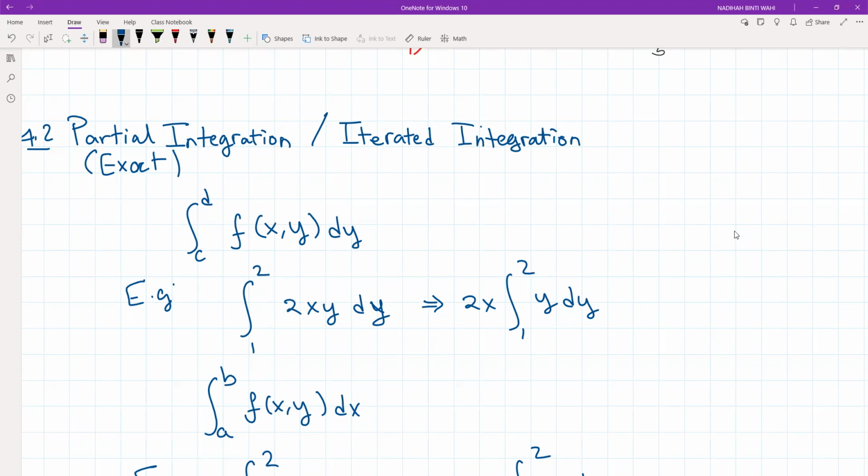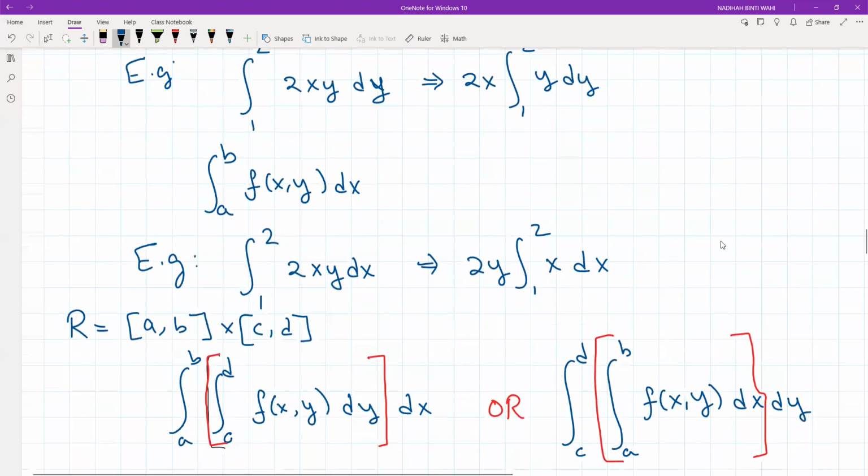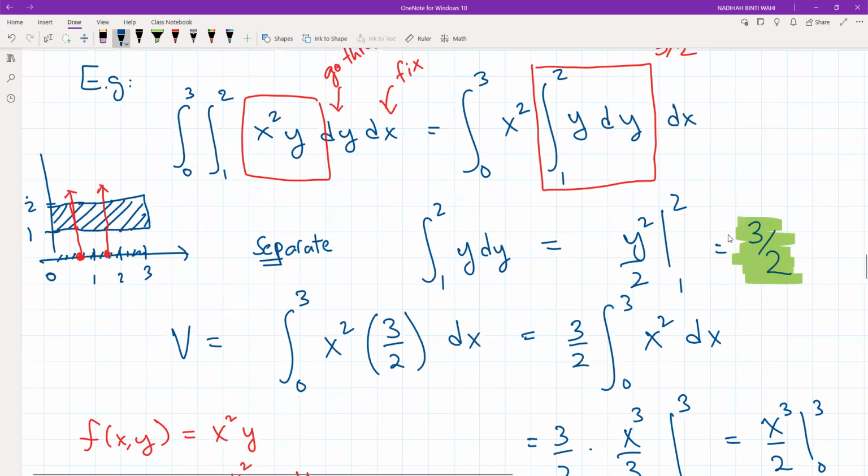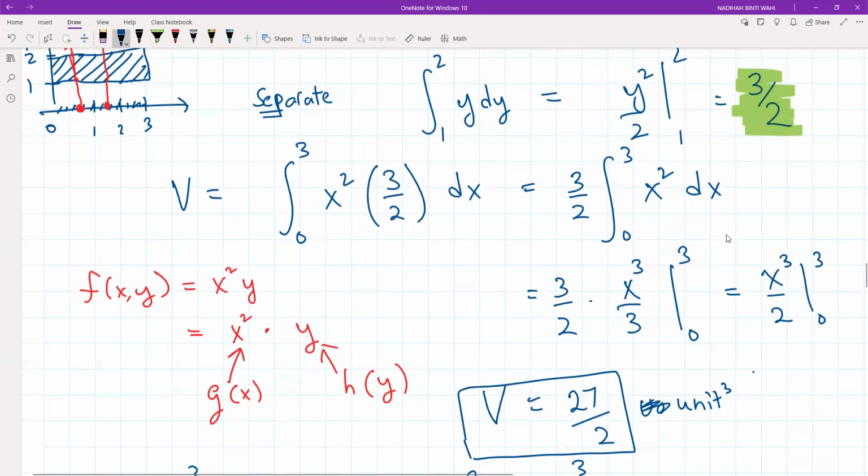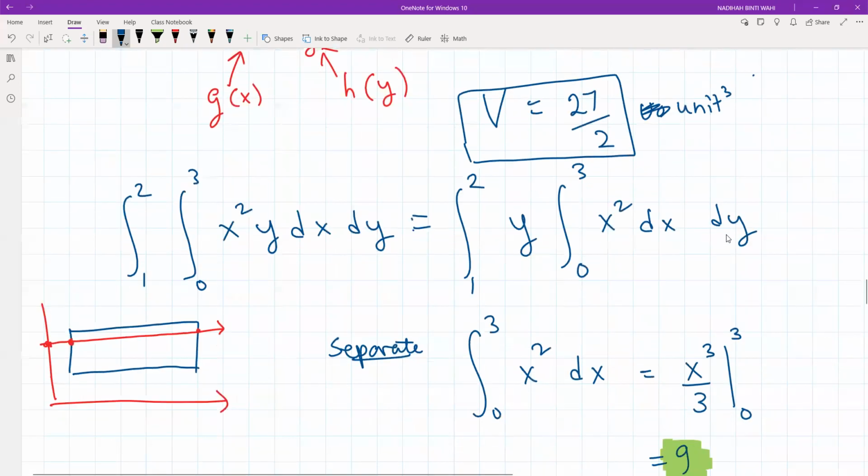The good thing about this is if you can write f(x,y) as two separate variables, then you can separate the double integration. It might not always be the case, but if you come across this kind of function, it is better to separate it.